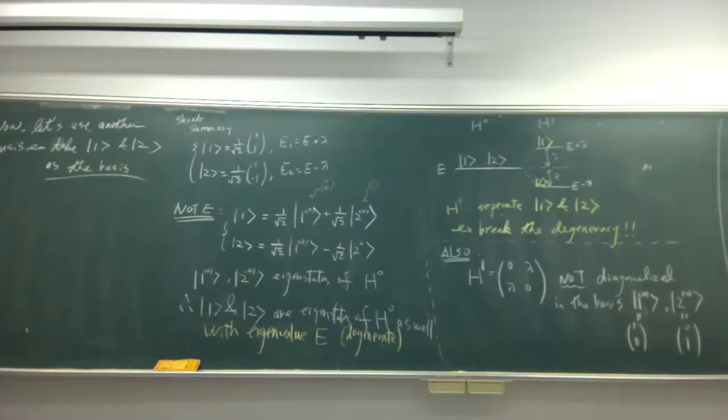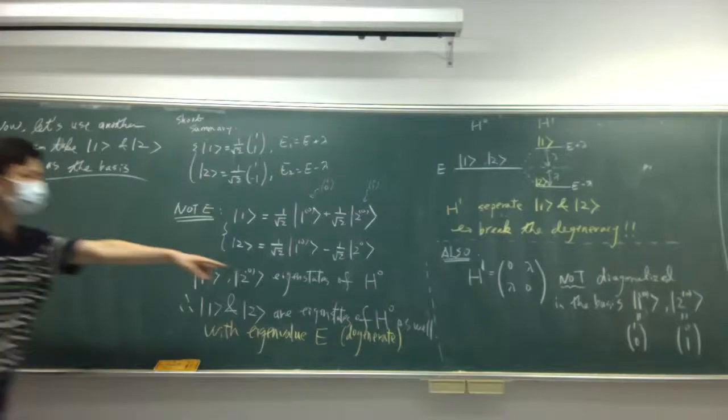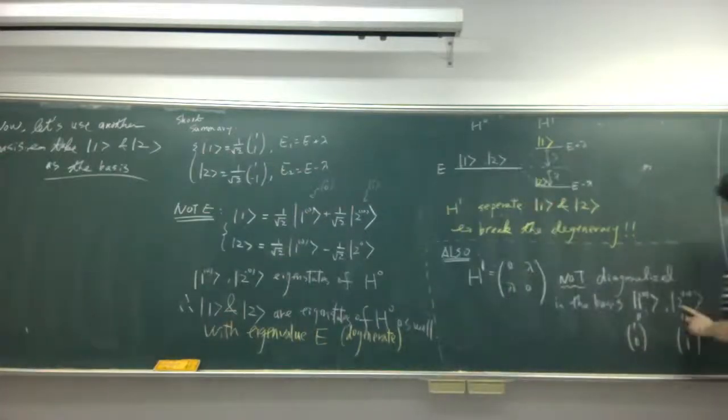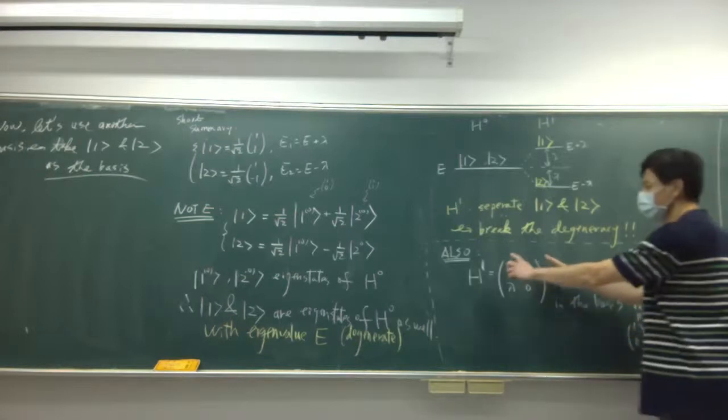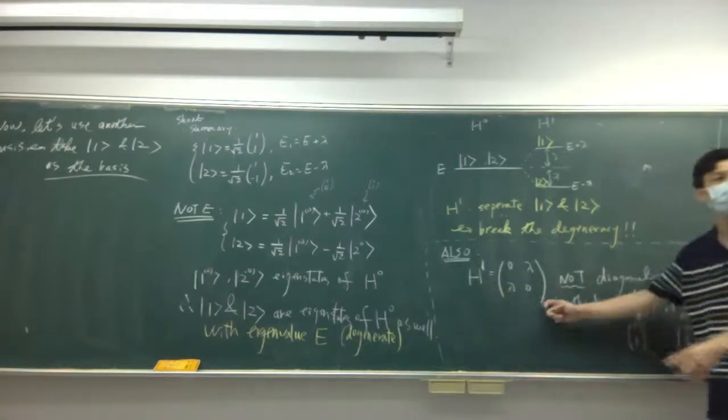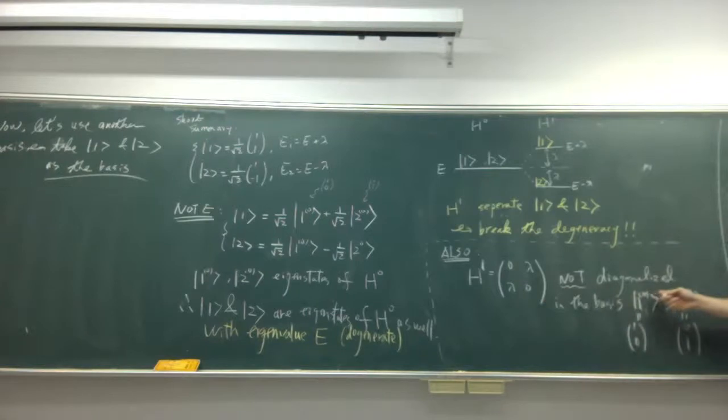I use that instead of using |1,0> and |2,0> as the basis. Use these two bases, and this is the matrix form I got. And this is not diagonal, right.